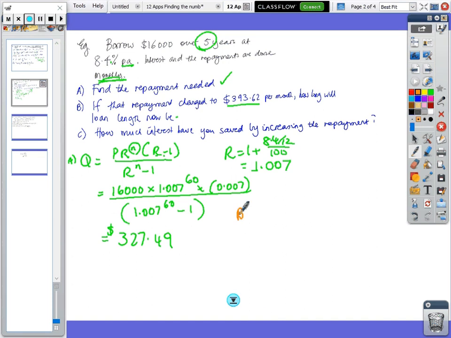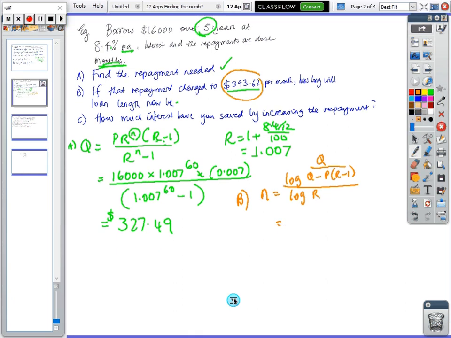So in part B, our payments are this, and we're trying to find how long the loan is. So we're going to use the N formula. N equals log of Q over Q minus P(R minus 1), and again, you're going to have this written down, so you don't have to memorize it, over log of R. Okay, so now this is a separate calculation, so let's do that on the side.